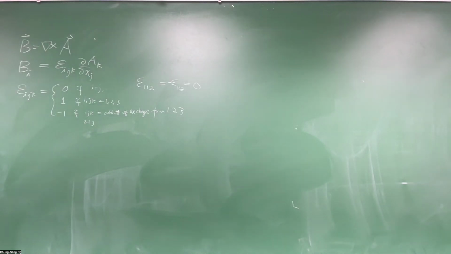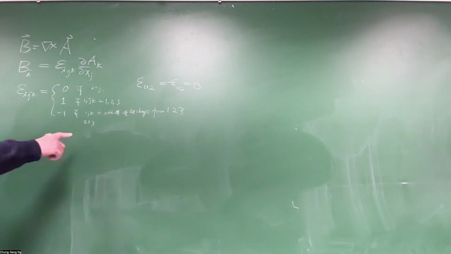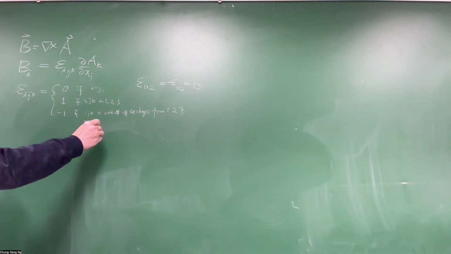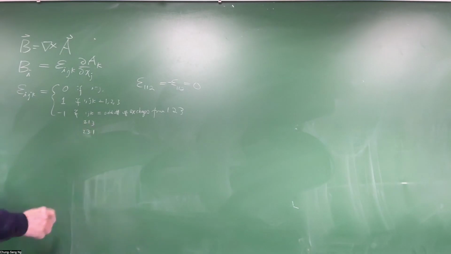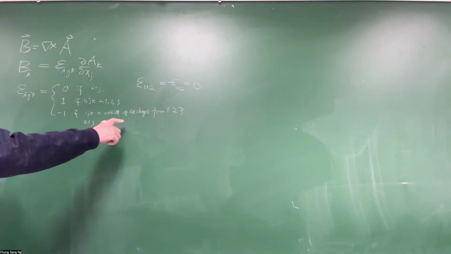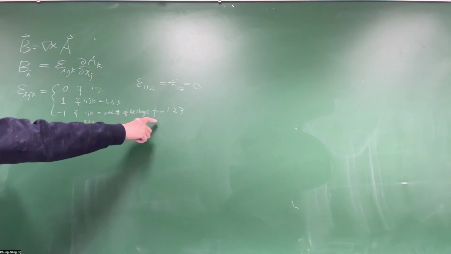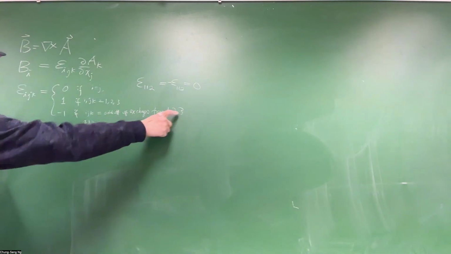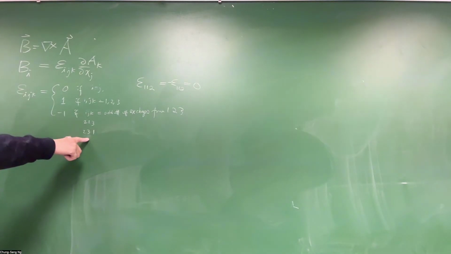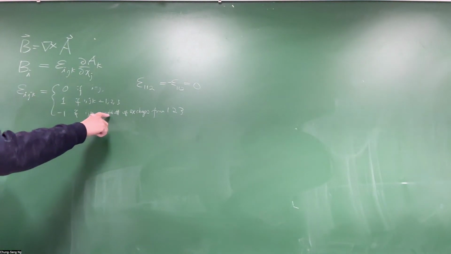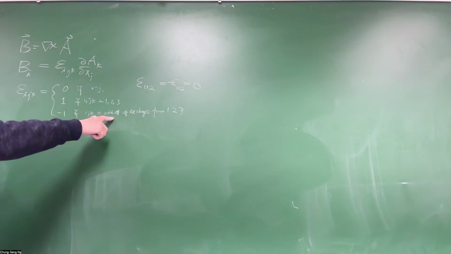If 2, 1, 3 is minus 1, then 2, 3, 1 will be 1 again, because you obtain this by two exchanges: exchange 1 and 2, and then 2 and 3. That's an even number of exchanges.